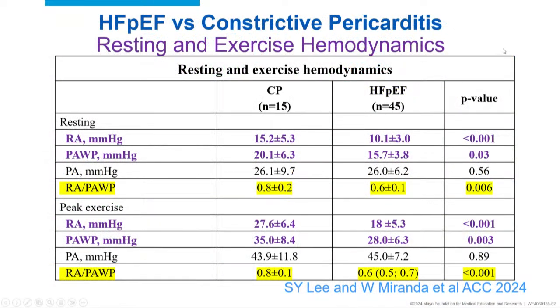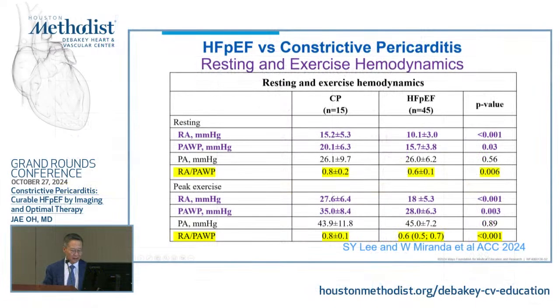And this is a paper that we are writing. Dr. Lee, the outside physician, is doing some research with Dr. Miranda, looking at the comparison of resting and exercise hemodynamics in constriction and HFpEF. It's interesting that both the resting and exercise RA pressure and wedge pressure are much, much higher in patients with constriction here.